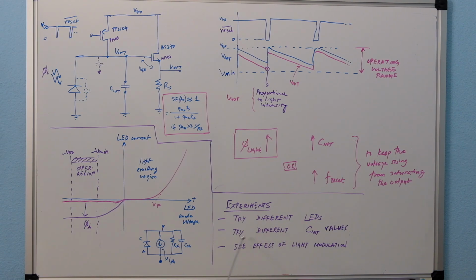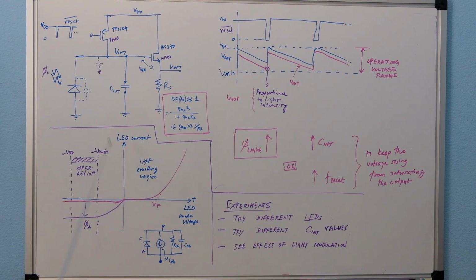And then I'm going to try different C-int values, basically to see what happens if I let it saturate down and hit 0, at which point this NMOS device will collapse, and you'll see that it's actually not usable at that point, the output voltage. And also see some effect of light modulation, which is going to be occurring in this environment due to various reasons. I'll tell you about those more.